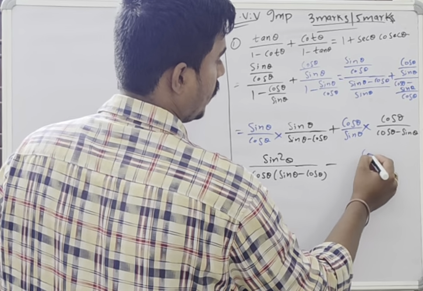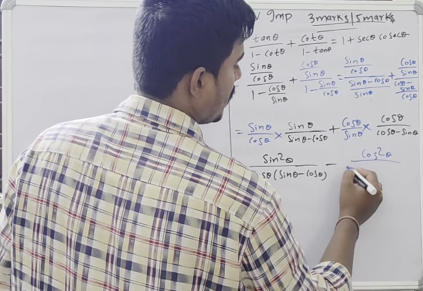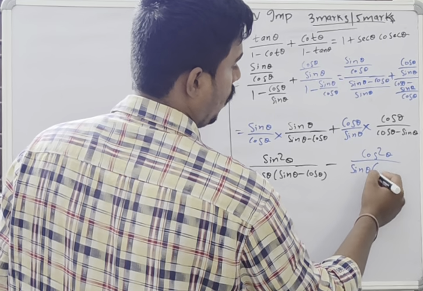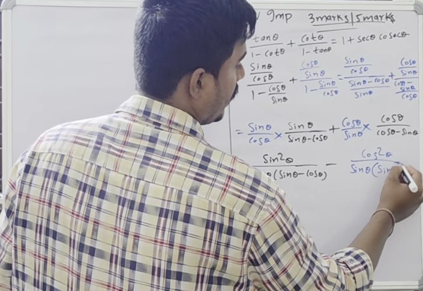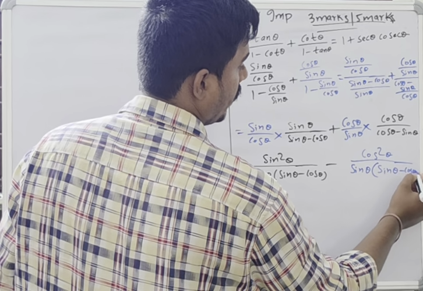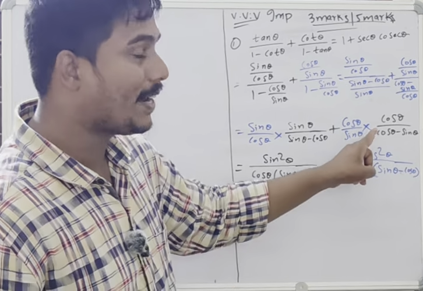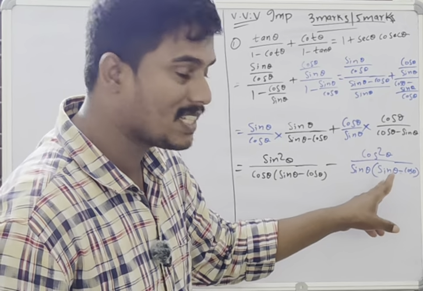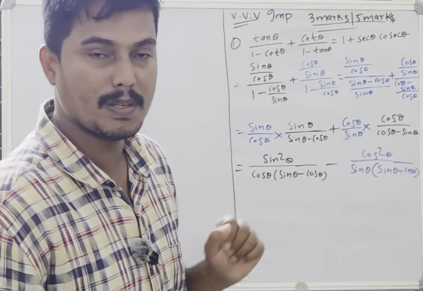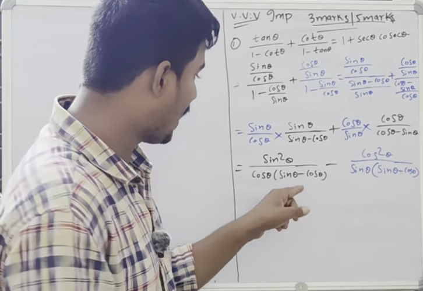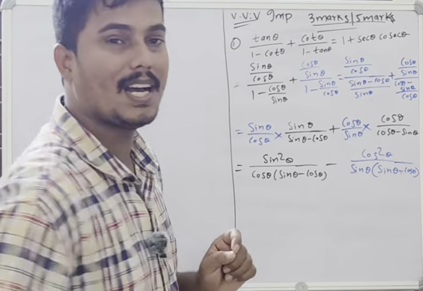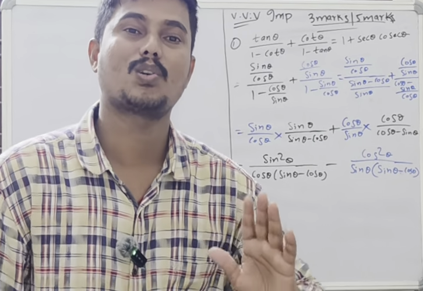Cos square theta by sine theta of sine theta minus cos theta. Now you may ask, sir, why they changed. I told you again, I took out minus common, so they changed their places and that minus has been multiplied here. If you see here, sine theta minus cos theta is common.